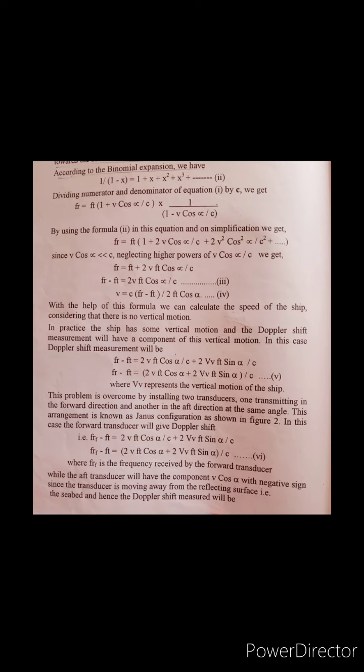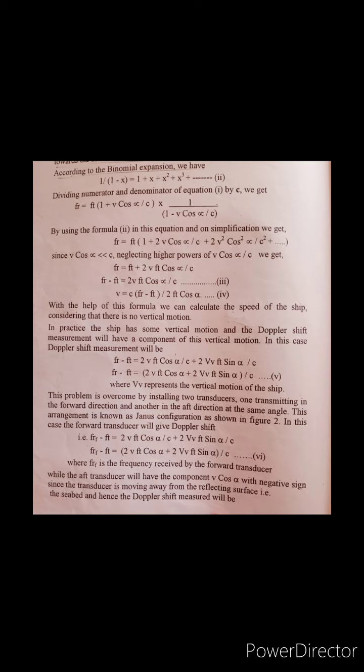In this case the forward transducer will give a Doppler shift, that is frf minus ft equals 2v ft cos alpha by c plus 2vv ft sin alpha by c. Consider this as equation 6, where frf is the frequency received by the forward transducer.